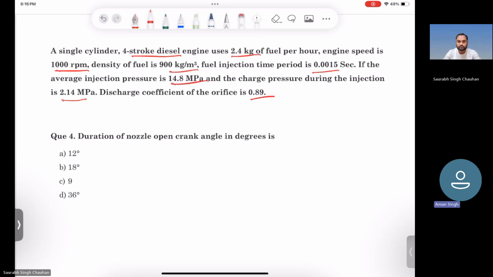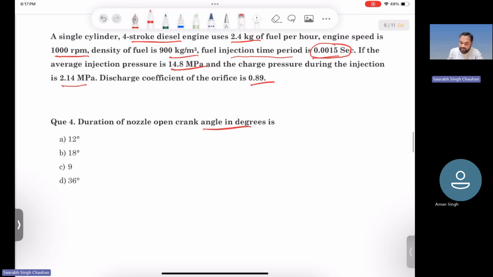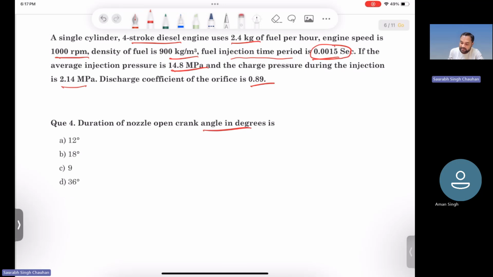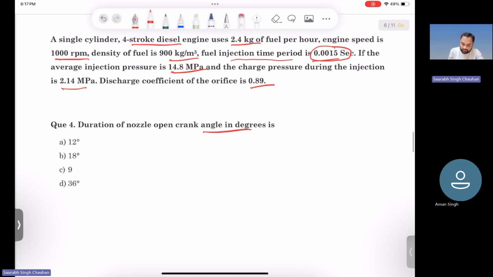Nine degree, sir. Hmm? 9 degree. Okay, let's calculate and then we will verify. The fuel injection time is 0.0015 second, and this time is in seconds, right? We have to tell in terms of CAD, crank angle degree. To convert this time into crank angle degree, what will we do? 1000 rpm is the engine speed, so 1000 revolutions per minute.